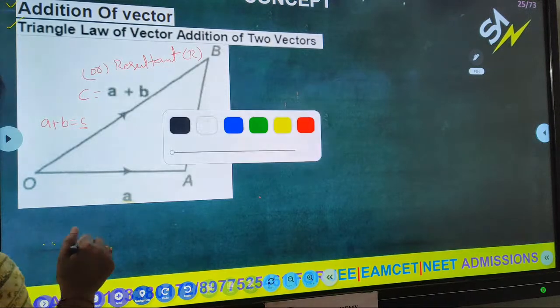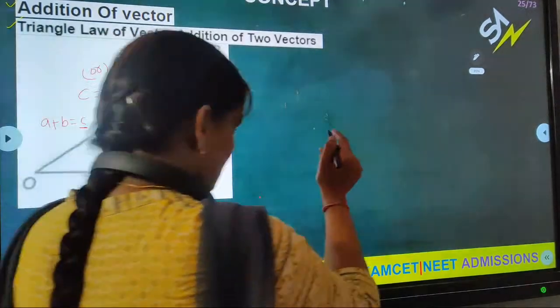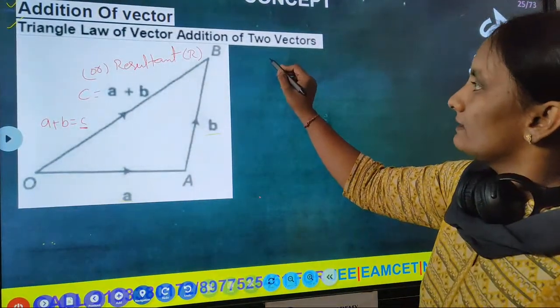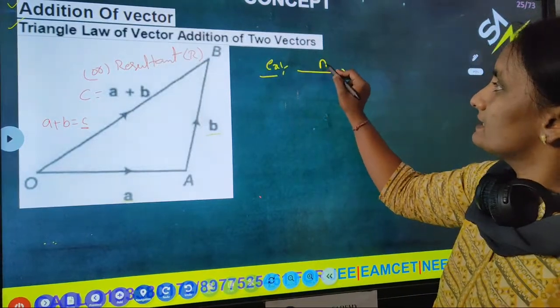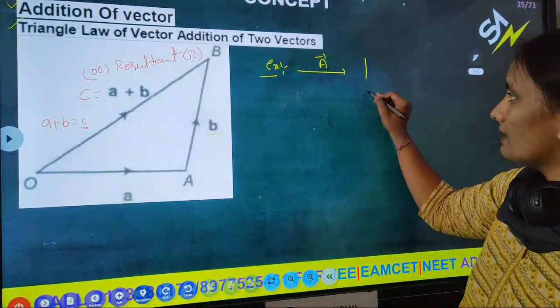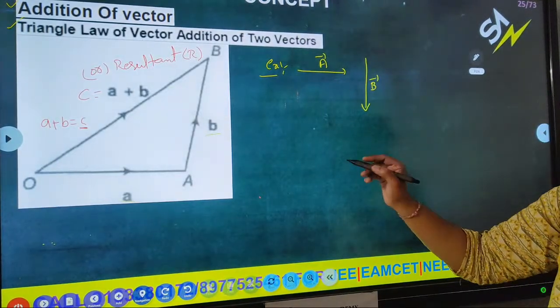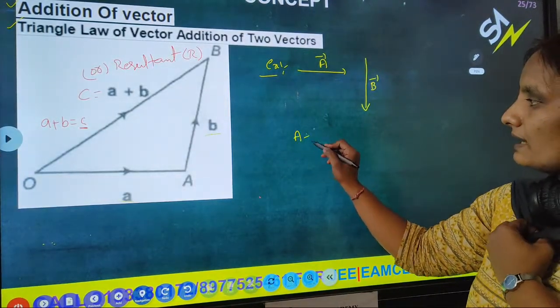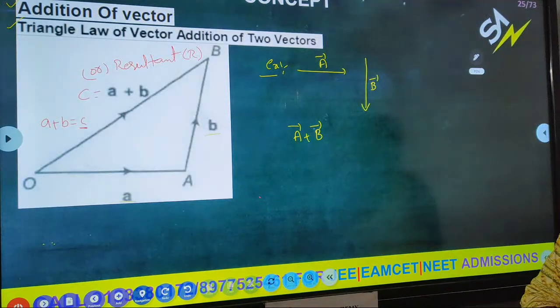And let us see how to add the vectors with an example. We are given two vectors, A bar and another vector in this direction, B bar. Now we need to add the vectors. We need to find A bar plus B bar.